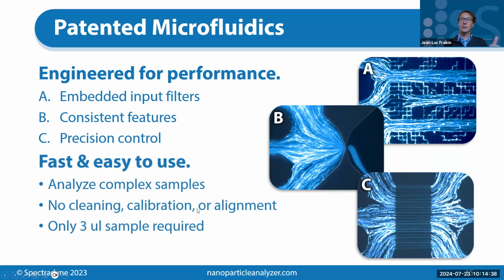As I mentioned, it's very fast and easy to use. There's no cleaning required. There's no calibration required for the instrument for size, concentration, or fluorescence intensity. And there's no optical alignment either. So if you're used to flow cytometry, where you have to make sure that your beam's aligned with the sample stream inside your flow cell, you don't have to do any of that. We use an automated image recognition system to do that.